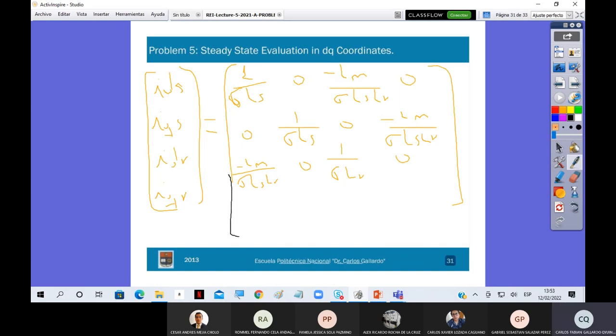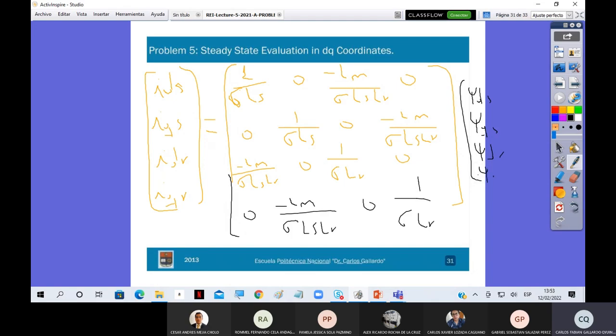Okay, so I will have 0, magnetizing inductance over the leakage coefficient, stator inductance, rotor inductance, 0, 1 over the rotor inductance times the fluxes, right? So I will have the direct axis flux, the quadrature axis flux, the direct axis flux, the quadrature axis flux.